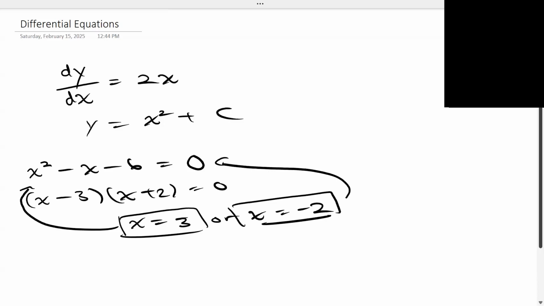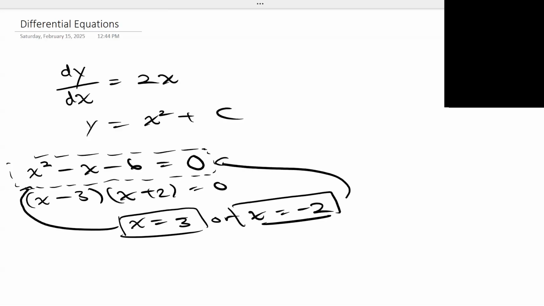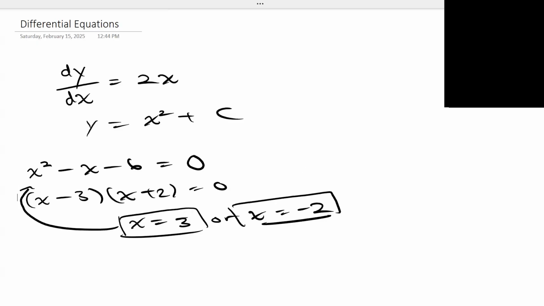Now, this is just the case for quadratic equations. Let me just erase this real quick.